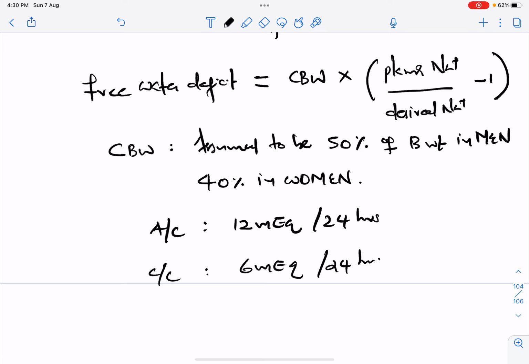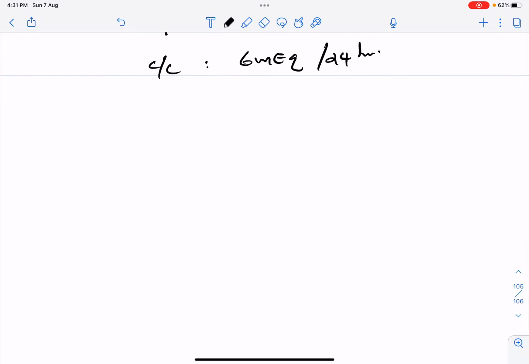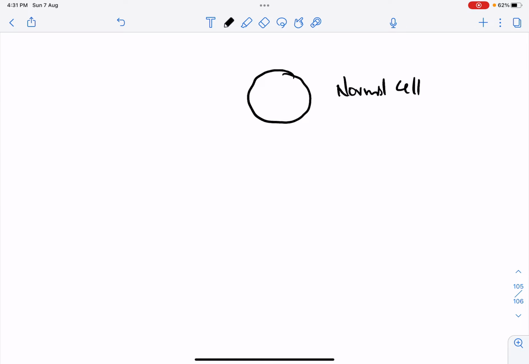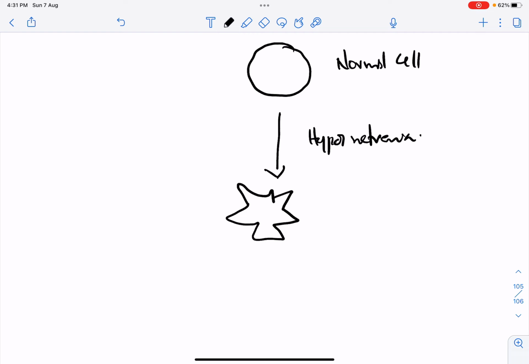Here also 24 hours. Let's see what is the mechanism in hypernatremia. Suppose this is your normal cell. During hypernatremia, the fluid from the intracellular compartment will shift to the extracellular compartment. So there will be shrinking of the cell.